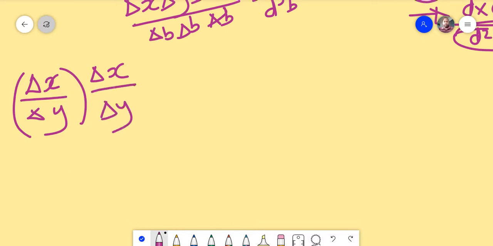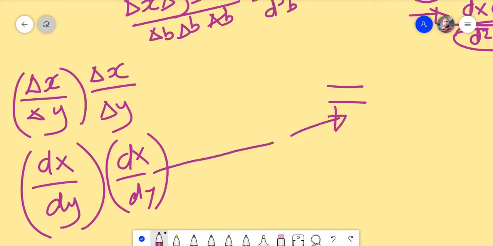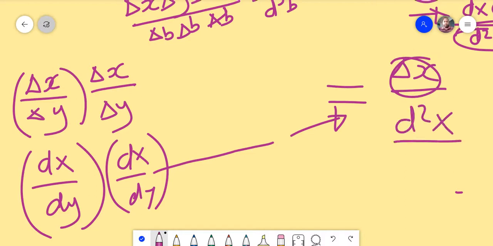Okay, so now you can write this as dx dy, and then this one is also varying again with respect to dx dy. Okay, and you can contract this into d squared x into d squared y, isn't it?